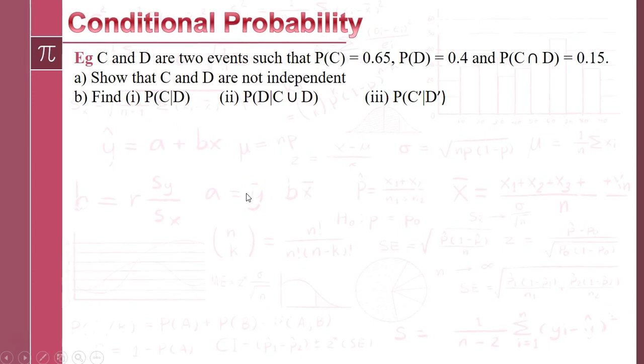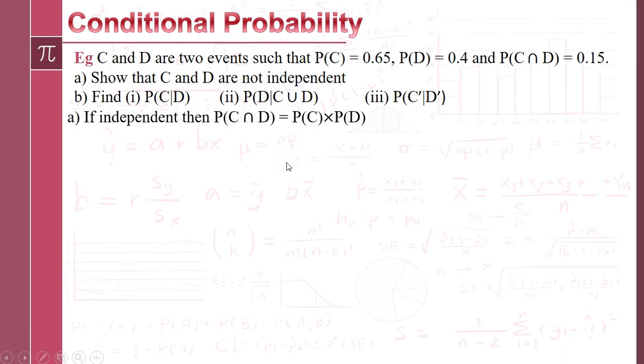So let's have a look at an example. This might be a question that you might pick up from an exam paper. We've got events C and D. We're told the probability of C is 0.65, D is 0.4, and we're given the value for the intersection as well. Now, here's what I mentioned in the previous section, the idea of first of all showing that these events are not independent.